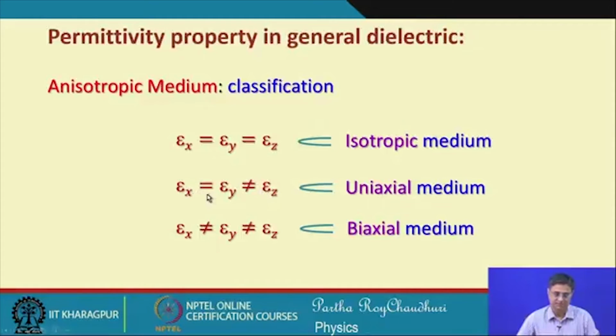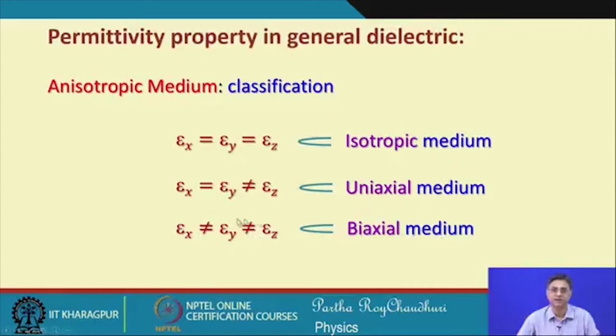In that case, such a medium will be called a uniaxial medium, whereas there is another situation where we will find another group of media where epsilon x, epsilon y, epsilon z, all three of them are different. In general, such a medium will be called a biaxial medium.